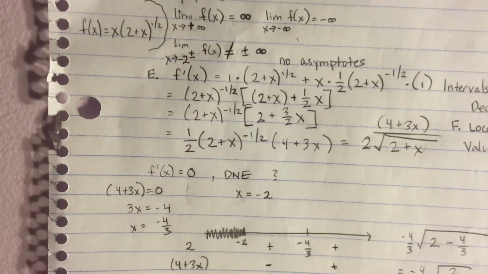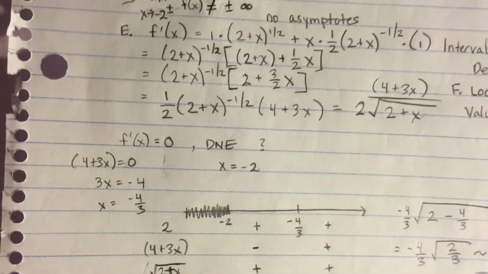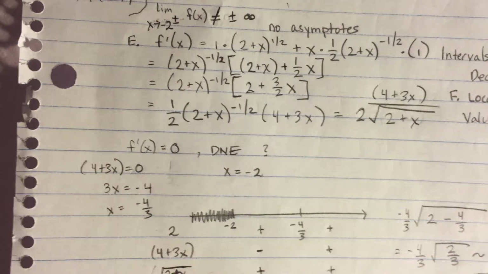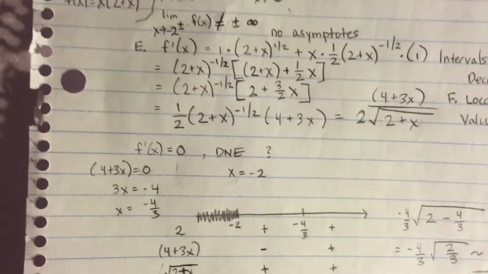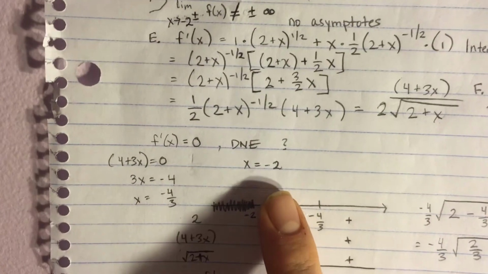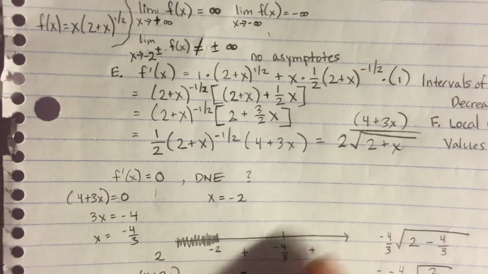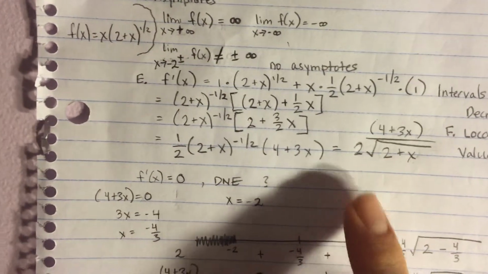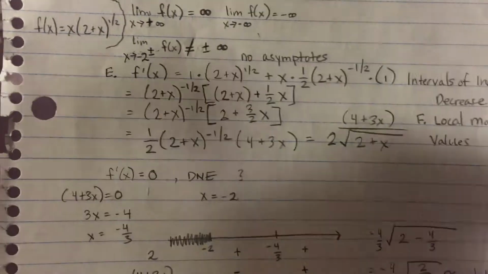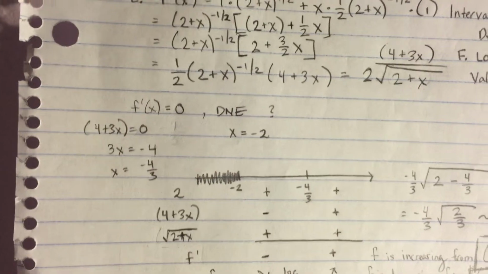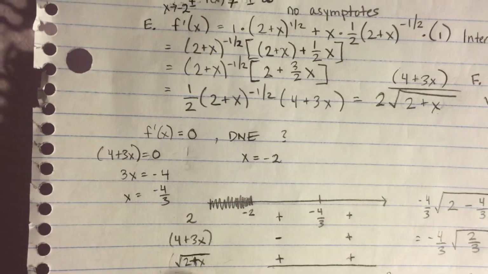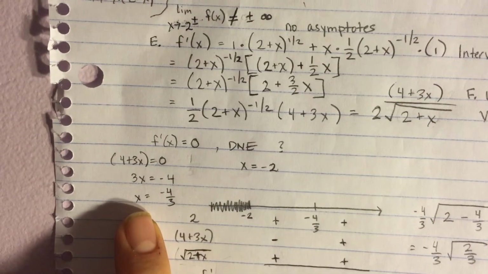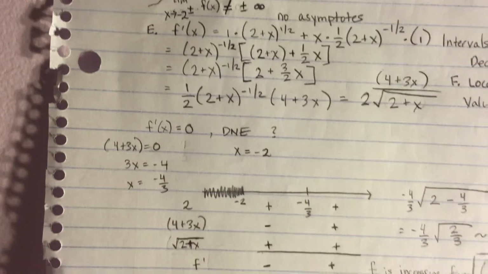For our critical points, where the derivative of f of x is equal to 0, or it does not exist. It doesn't exist at negative 2, since if we put negative 2 in here, that would make the denominator 0, which will make the function undefined. And 4 plus 3x is equal to 0 would make x equal to negative 4/3.